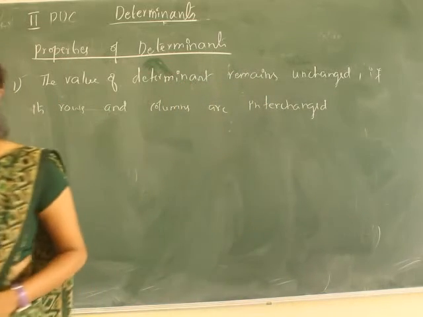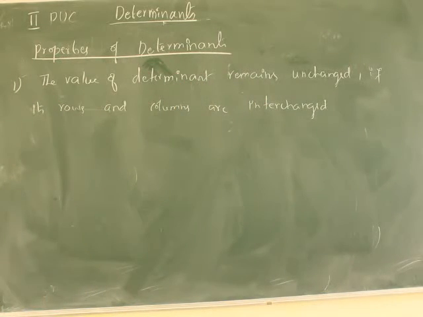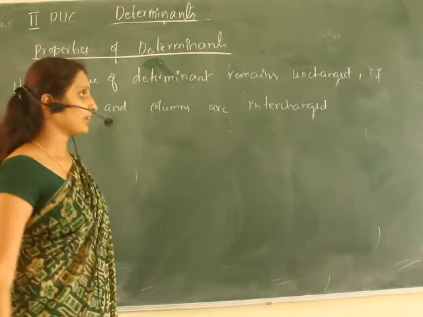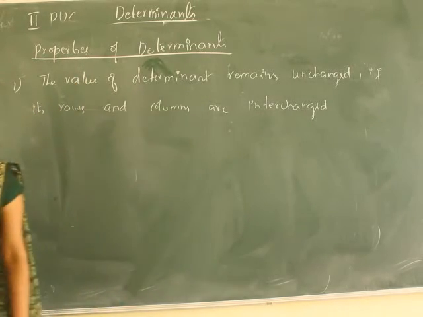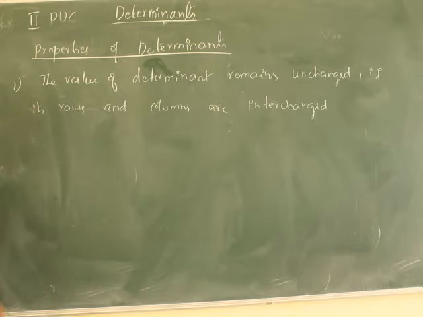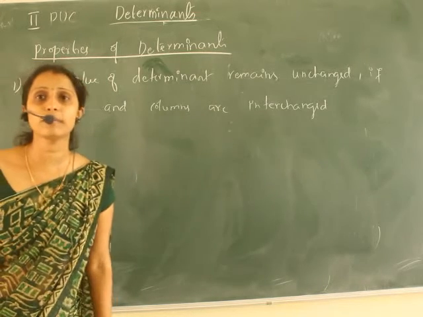The value of the determinant remains unchanged, that means remains constant, if its rows and columns are interchanged. If we interchange rows and columns of a given matrix, the determinant value remains the same.